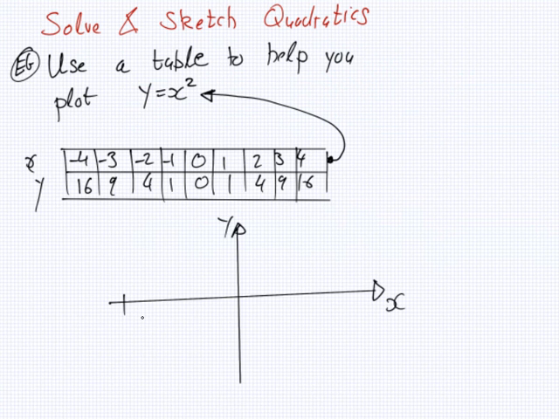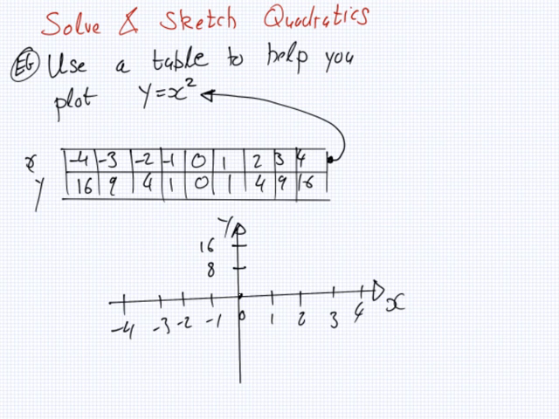So we have minus 4, minus 3, minus 2, minus 1, 0, and then we go up to 16 here.